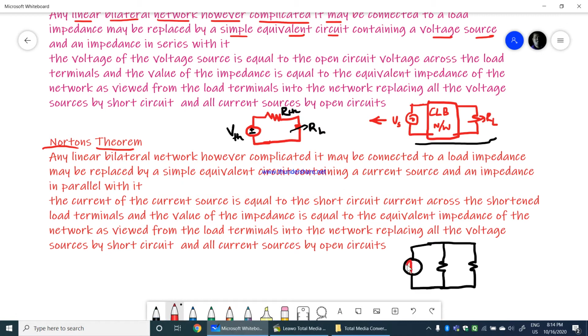So this is the Norton's current source IN, and Rn is the Norton's equivalent resistance in parallel with the load. For both circuits, you are going to find what is IL, the current through the load.